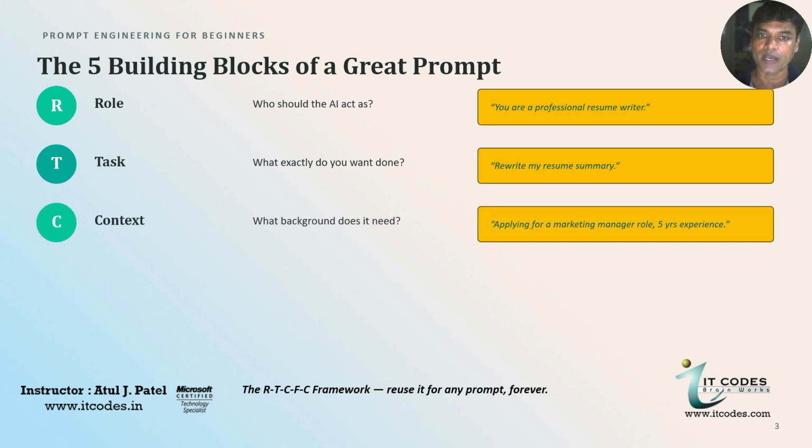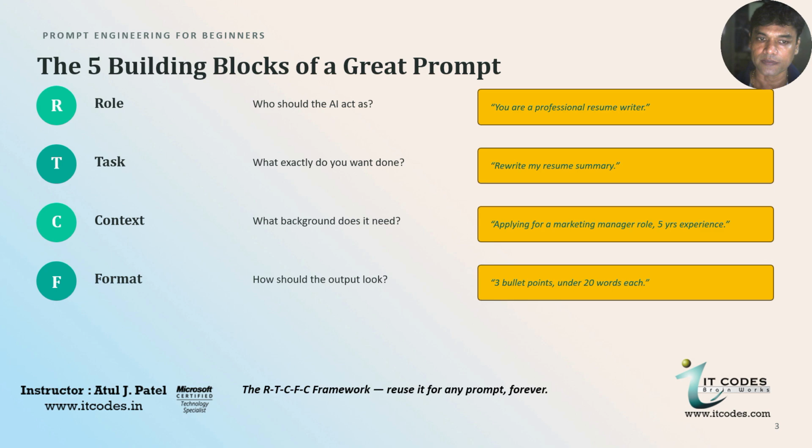Context is the actual background, the actual situation you are in. So what background does it need? Applying for a marketing manager role, 5 years of experience. So right now I am specifying to the AI that I need to rewrite my resume in a summary format, and the context is that I am applying for a marketing manager role and have 5 years of experience.